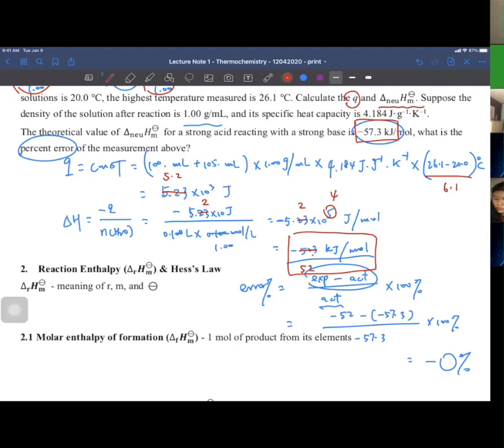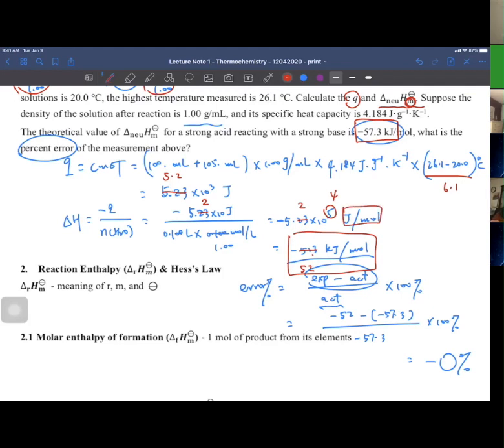Okay, I think this question should give you a good sense of how to calculate the delta H. Basically, if you see a delta H with a subscript of M, the M means per mole. It means 1 mole of reaction or 1 mole of products. So basically, it's asking for a different unit. It's not joule anymore, it should be joule per mole.